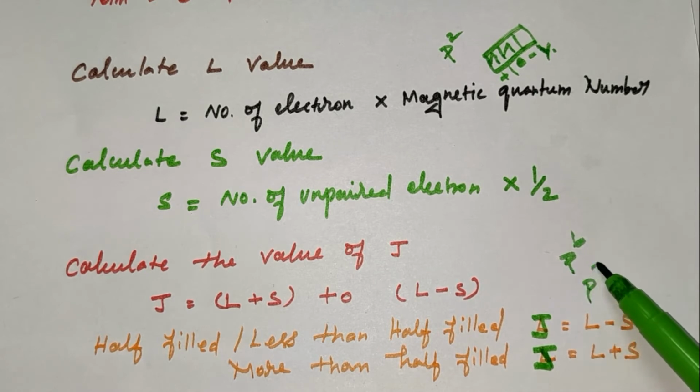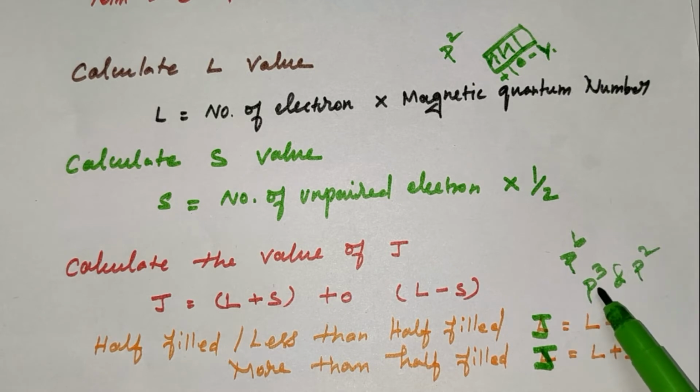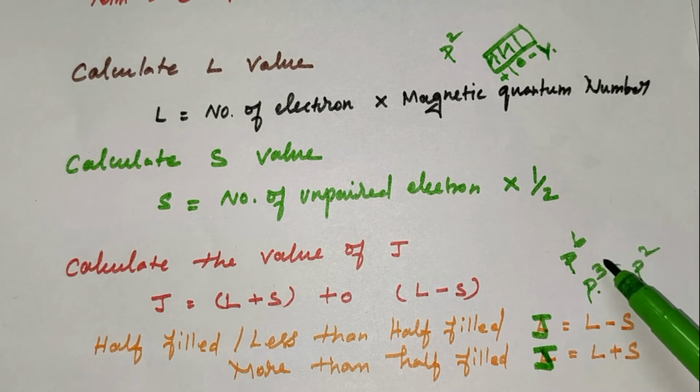Half filled is P3, and P2 is less than half filled. So for P3 and P2 terms, the value of J is calculated as L minus S. P6 is the completely filled orbital, that is more than half filled, so J is equal to L plus S.